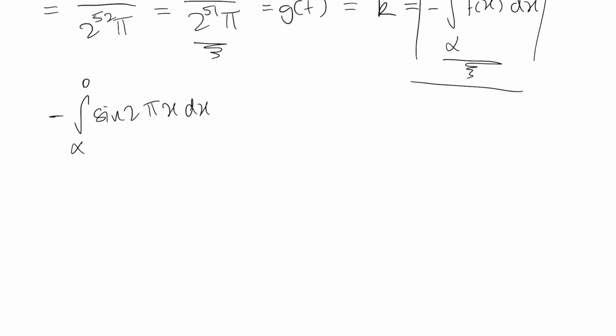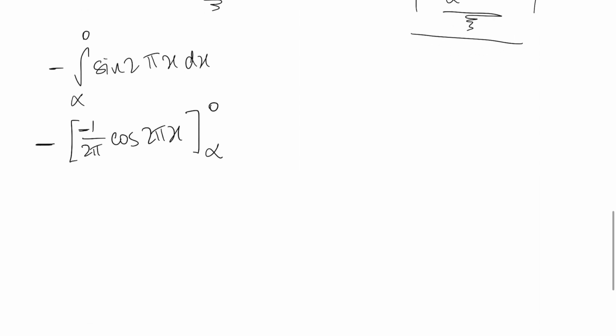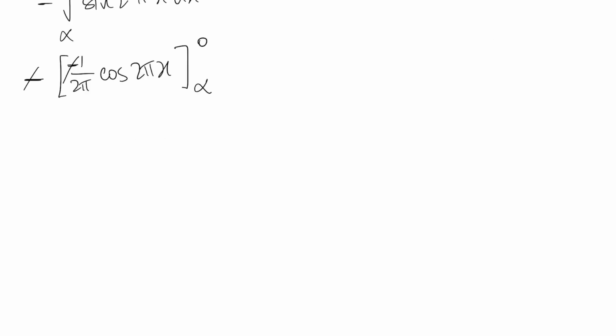So now we have this, and we can rewrite this as, we'll keep the negative outside, 1 over 2 pi negative cosine 2 pi x from alpha to 0. And so negatives cancel. So this is equal to 1 over 2 pi cosine 0 minus 1 over 2 pi cosine 2 pi alpha.